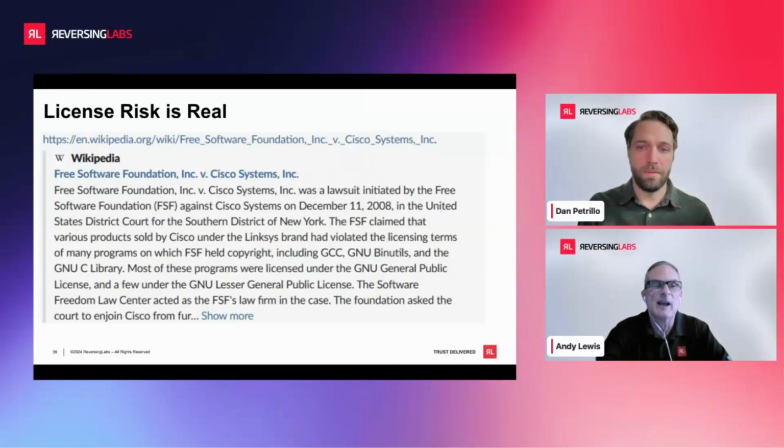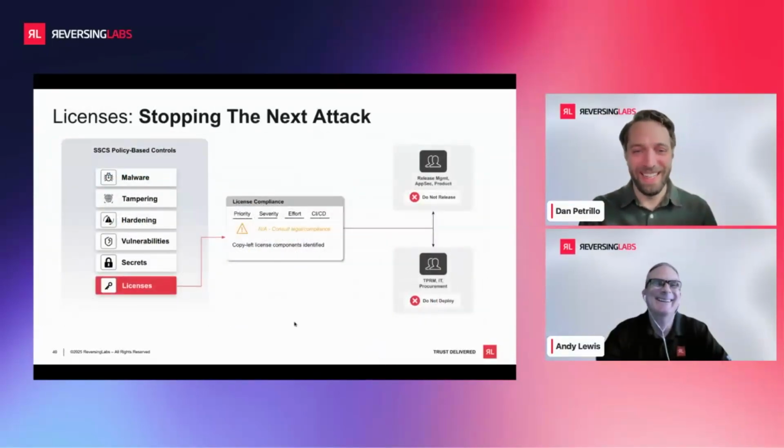So if you're not familiar with that, there are a lot of great resources out there. I'm happy to talk about it. I don't like talking about it as much as I like talking about security because this risk involves lawyers, not my thing. So next slide, please. Okay, moving on.